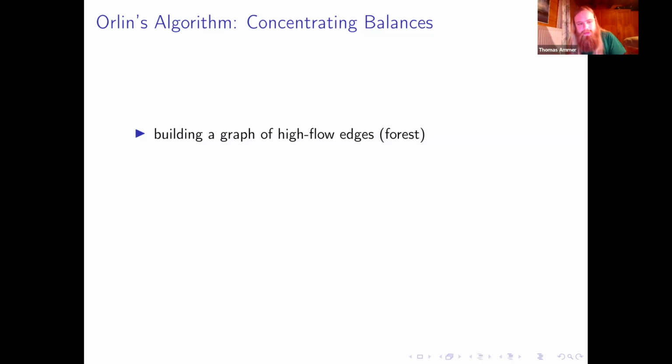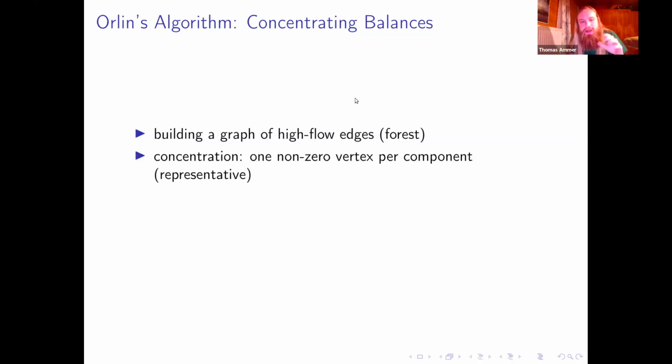So what we are doing now is we build a graph of edges that carry a comparably high amount of flow. So there's another auxiliary graph, and that will be a forest. And now we perform concentration, which means the forest is grown, and that means the number of components is reduced.